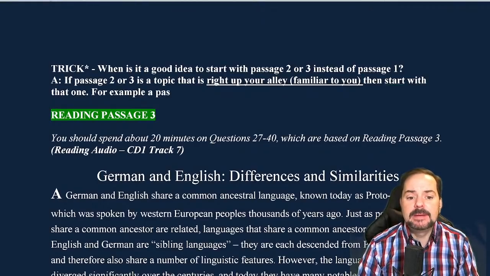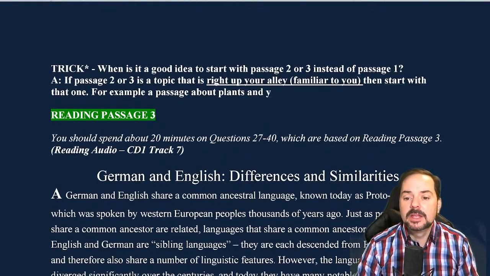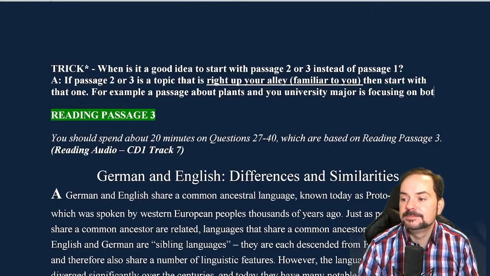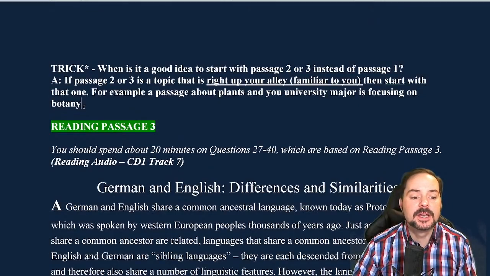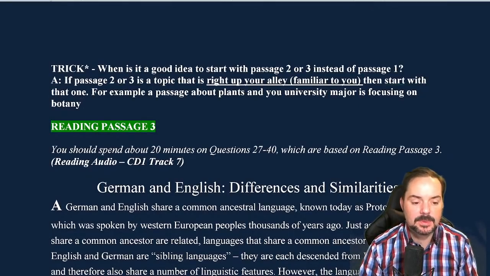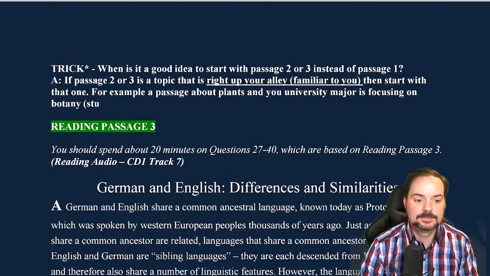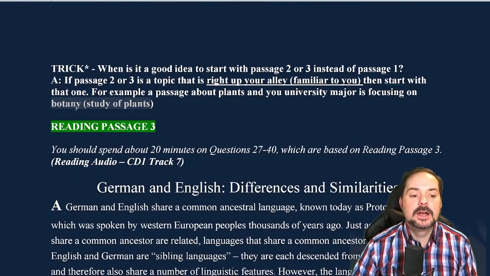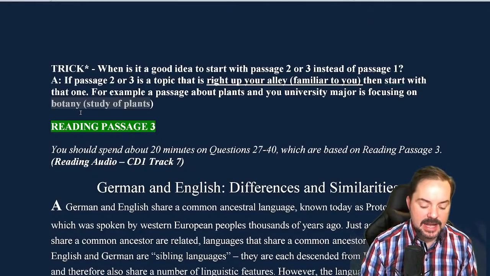For example, a passage about plants, and your university major is focusing on botany. Botany is the study of plants. If that's the case, then start with that one.